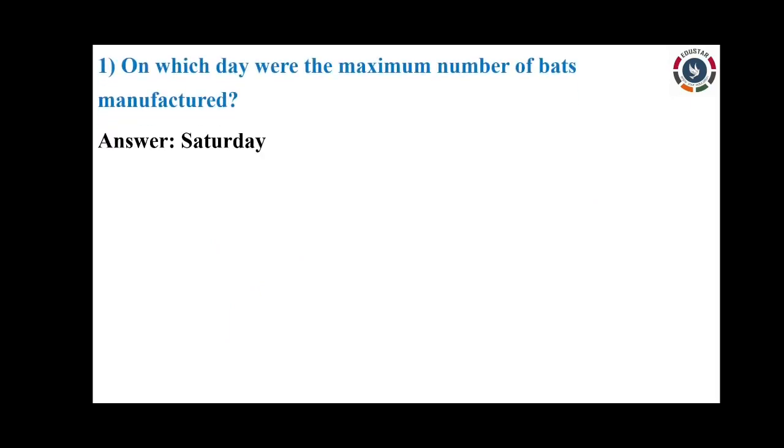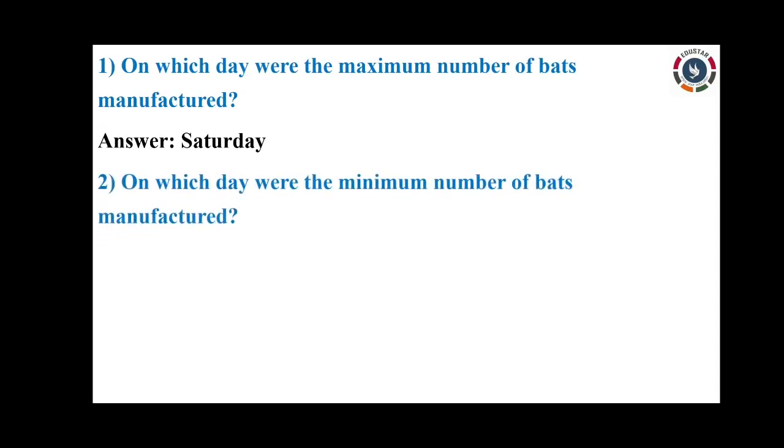So, the answer is Saturday. Second question. On which day were the minimum number of bats manufactured? Observe the table. You can easily say the answer. Wednesday, because compared to other days, on Wednesday only 60 bats were manufactured.